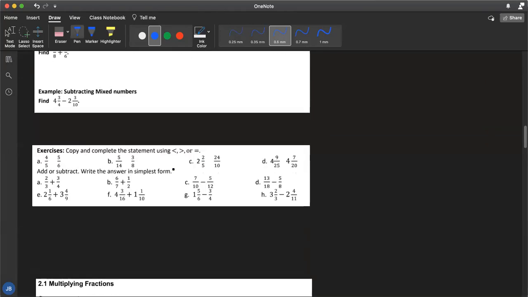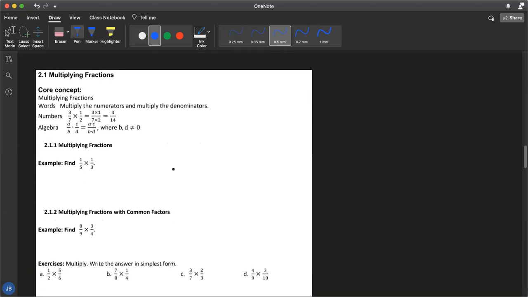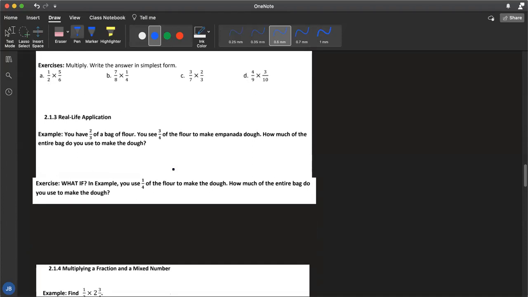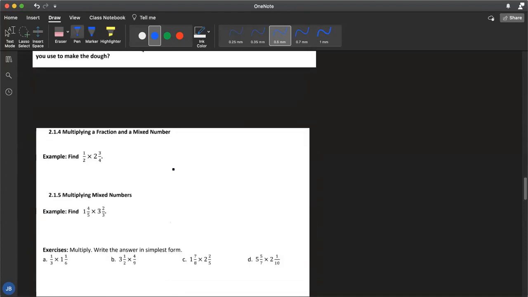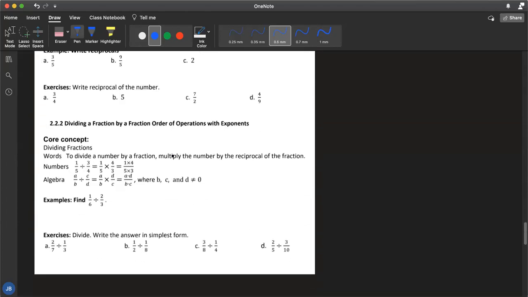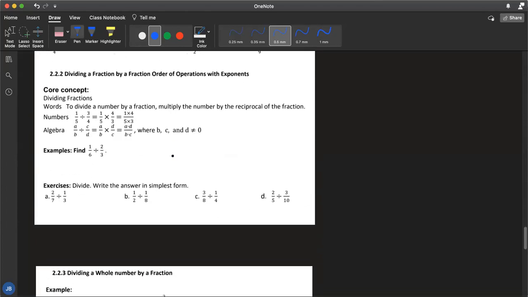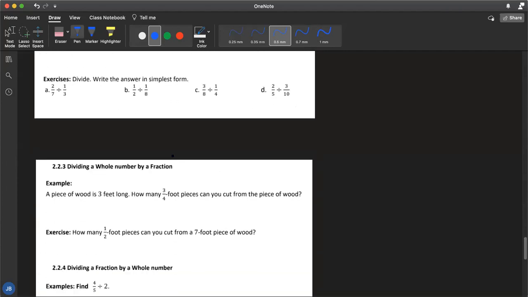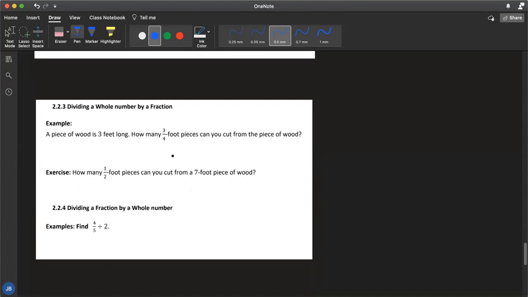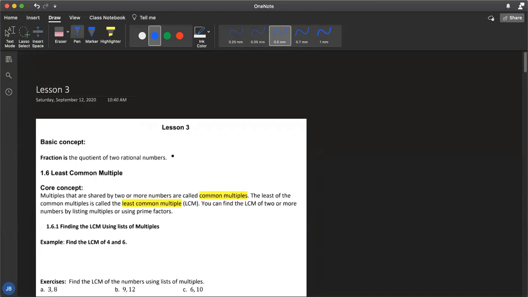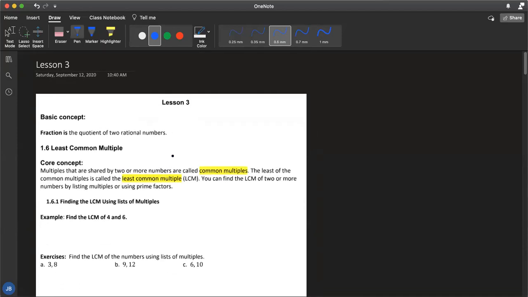We'll just be adding, multiplying, subtracting, dividing, doing least common multiples, mixed numbers, reciprocals, order of operations with exponents, and dividing whole numbers by fractions. So no decimal conversions today. Okay, thank you.